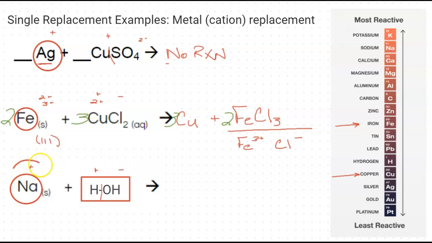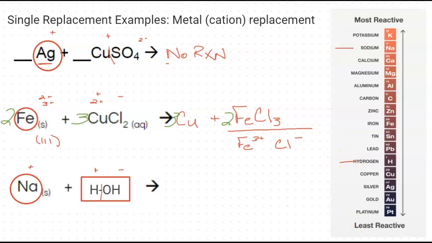Since sodium and hydrogen are both positive, those are the two we compare. When I come over here to the right-hand side, I'm looking at sodium, which is located here, and hydrogen, which is way down here. Sodium is up at the top and hydrogen is way down toward the bottom.